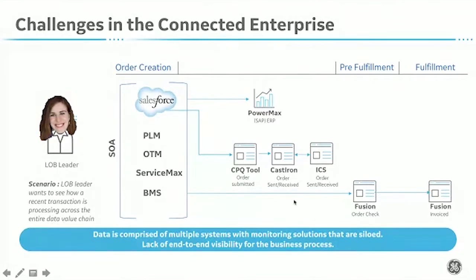And while, yes, they do talk to each other and trigger things, the thing is that if Leah wants to follow one of these transactions across the whole chain, she's going to have like 15 tabs open in her browser trying to figure out where the thing started and if it actually ended up with the customer when it was supposed to.